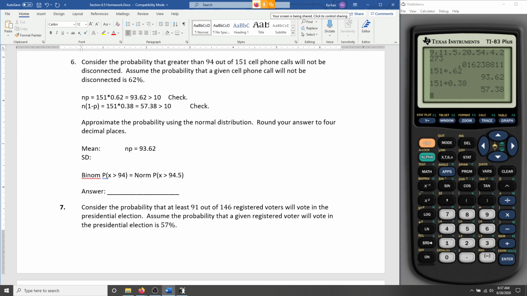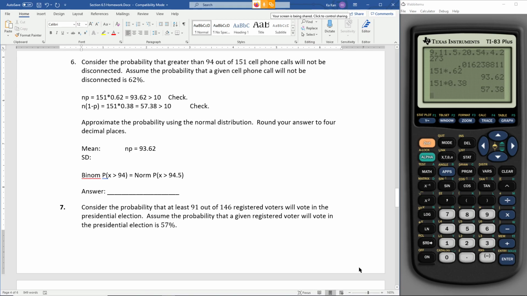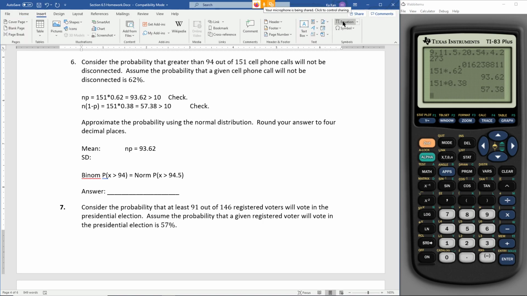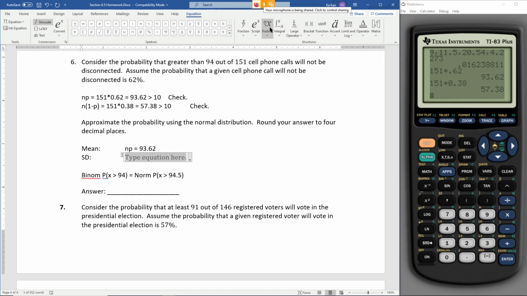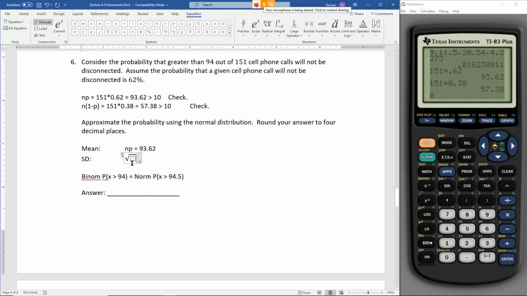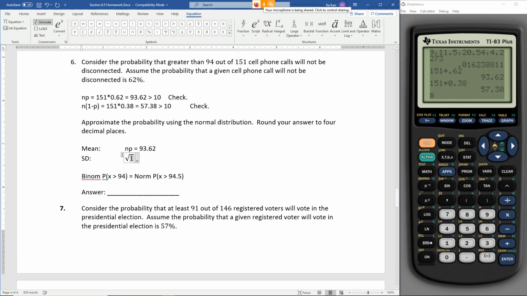The standard deviation should be the radical of 151 times 0.62 times 0.38.